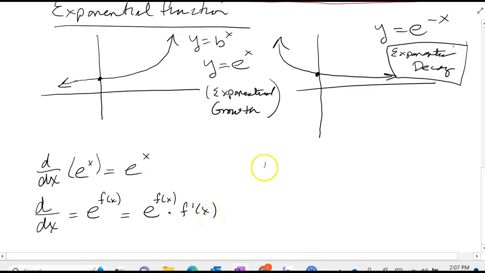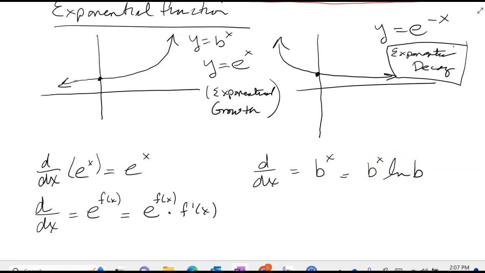And then, of course, we can generalize it over here to any base, which was b to the x times ln b. Again, if you put ln e here, ln e comes to 1. That's why we do not need to include it. But we do need to include it when e is no longer the base.